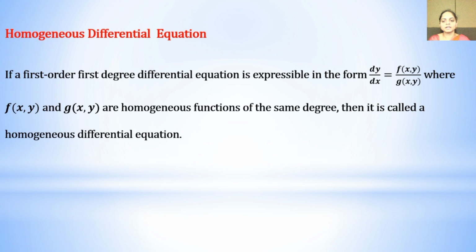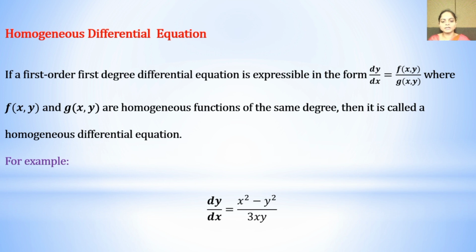It means that in this equation dy by dx is equal to f of xy divided by g of xy, the degree of each term of f of xy and the degree of each term of g of xy both are the same, then this equation is called a homogeneous differential equation. For example, dy by dx is equal to x square minus y square divided by 3xy.